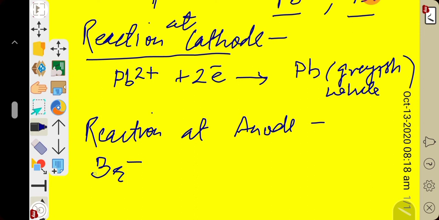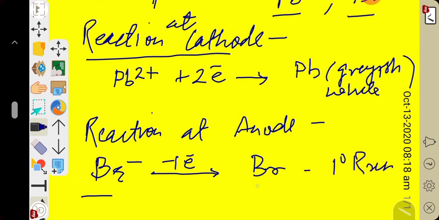At the anode, bromide will undergo oxidation by loss of electrons. The anode is an electron-deficient electrode, while Br− is electron rich, having excess electrons. Here Br− will lose 1 electron to form neutral bromine, a neutral atom. This is called the primary reaction.